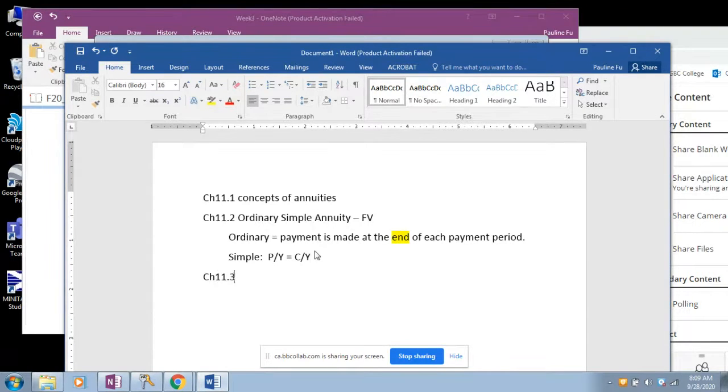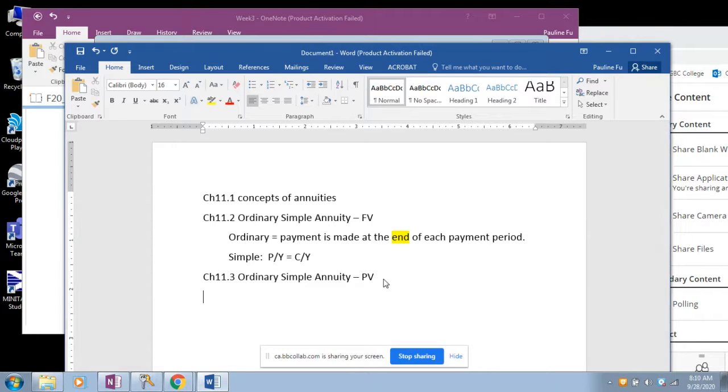Okay. So that is section 2. And in section 3, we're still dealing with ordinary simple annuities. But this time, we calculated the present value, PV. What is the present value of ordinary simple annuities?